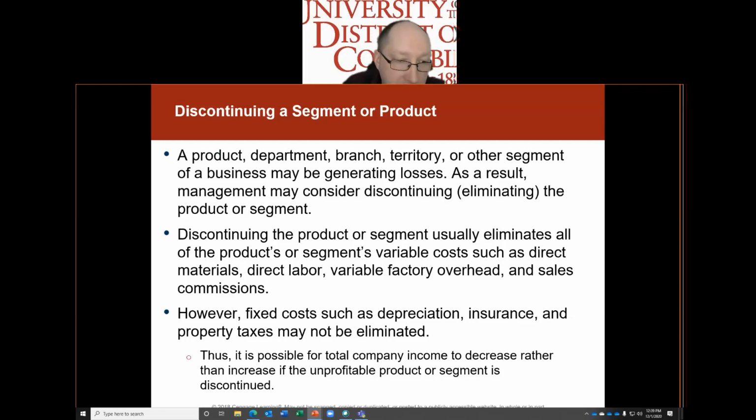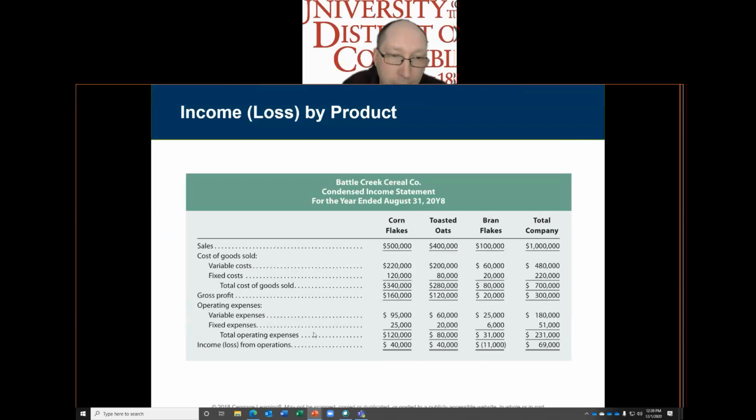In that case, we make a decision to discontinue a segment or product. But the only difference here is that even if I just discontinue a product, I still have to account for fixed costs such as depreciation, insurance, and property taxes. So those things will not be considered in the decision.